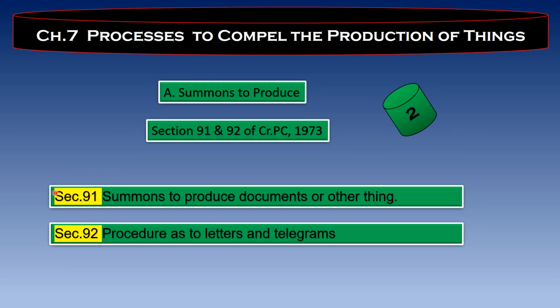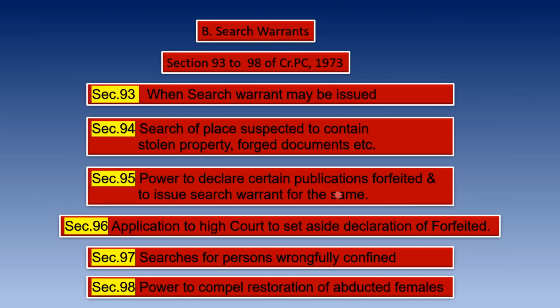Second, 91 and 92. Search warrants. 6 sections are there. Section 93, when a search warrant may be issued. Next one is Section 94, search of places suspected to contain stolen property, forged documents, etc. Third point is Section 95, which says power to declare certain publications forfeited and to issue search warrants for the same.